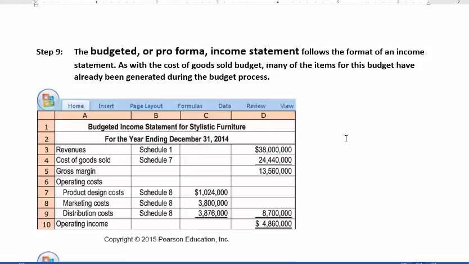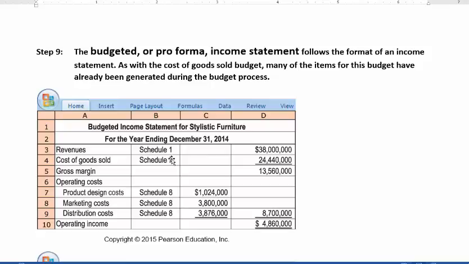All right, so we could go and plug in all of those numbers from our other budgets and schedules. Revenues is coming to us from our sales budget. Our cost of goods sold numbers have been developed through our other items, such as the direct materials budget, direct manufacturing labor budget, and our manufacturing overhead budget.